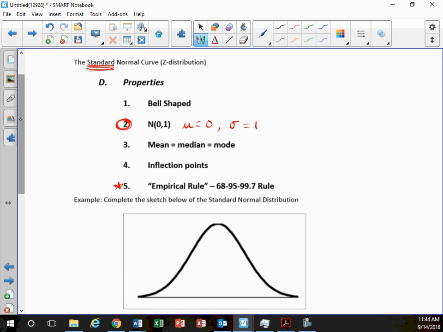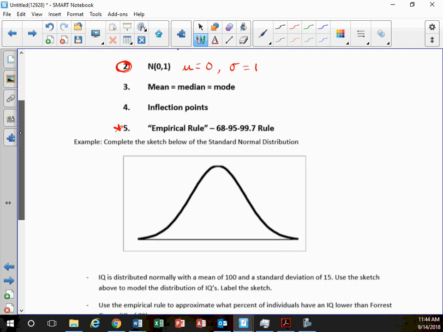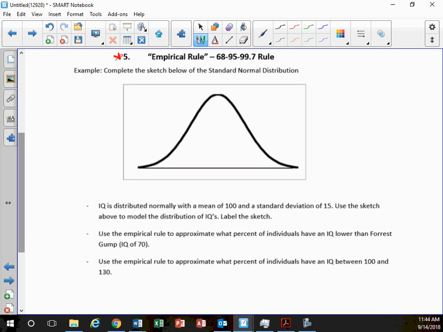So let's make a picture of the standard normal distribution. Since it is the standard normal, what's going to go in the middle? What's my mu? 0. And put in some markings here. My standard deviation is 1.